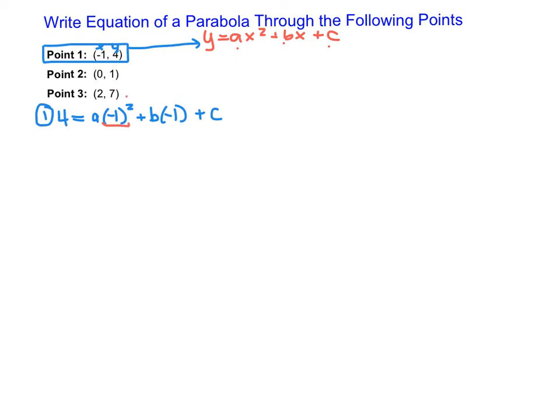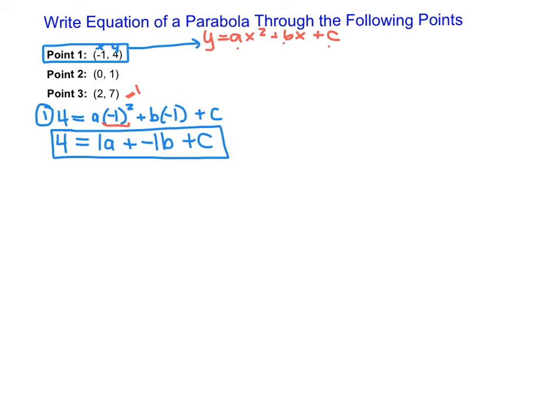I know that negative 1 squared equals 1. So I know that this is really 1a plus, well, I have negative 1 times b, so I have negative 1b plus c, and that all equals 4. So notice that I created an equation that has a missing value of a, b, and c, but I was able to create an equation for that first point.